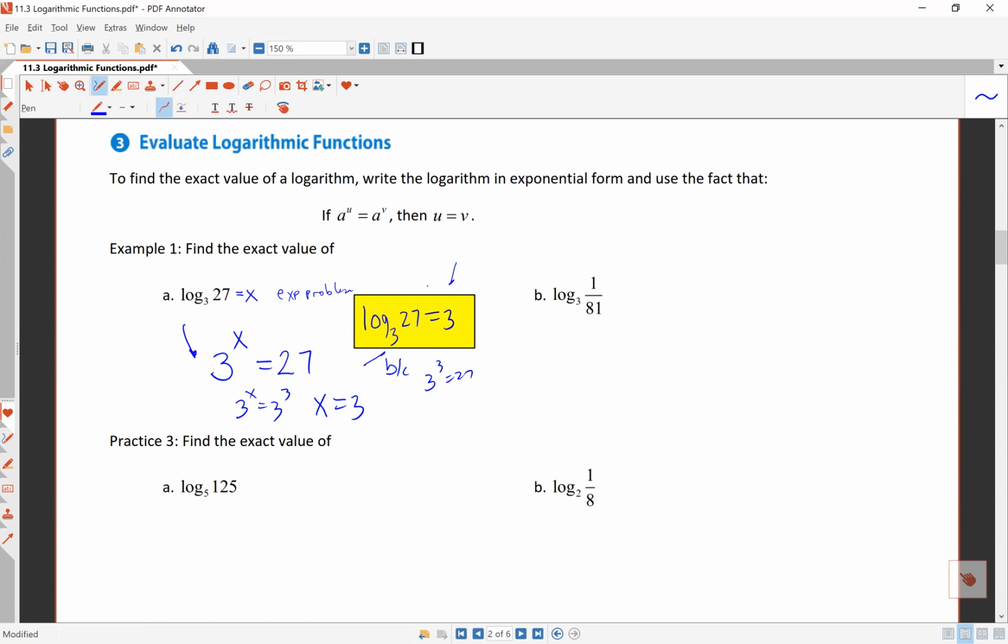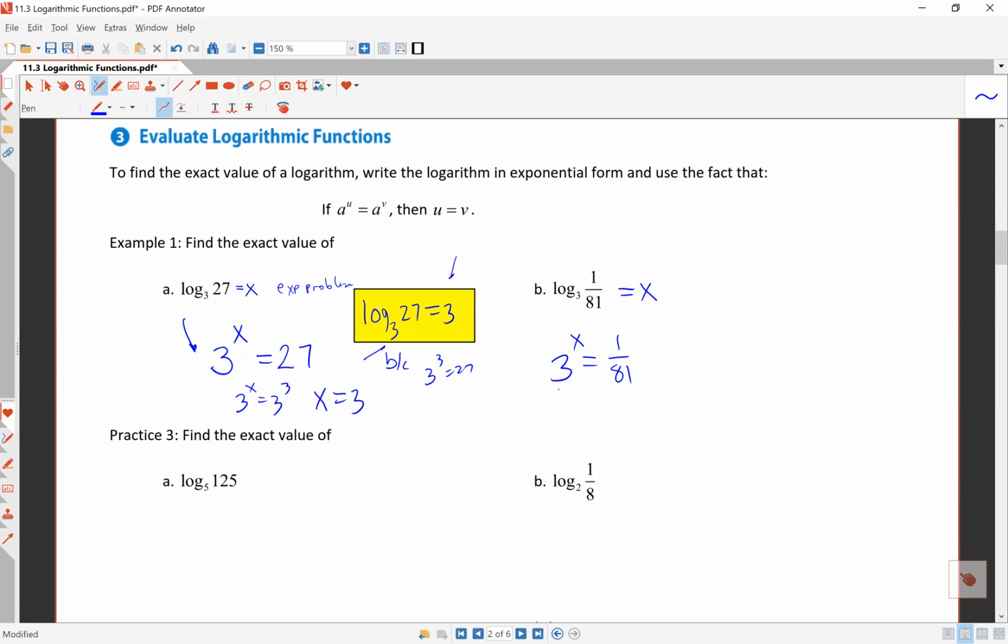So if someone asked me what the log base 3 of 1/81 is, I would think of this in terms of its equivalent exponential statement. 3 to the x is equal to 1/81. The right side is 3 to the -4th, giving us x equals -4.